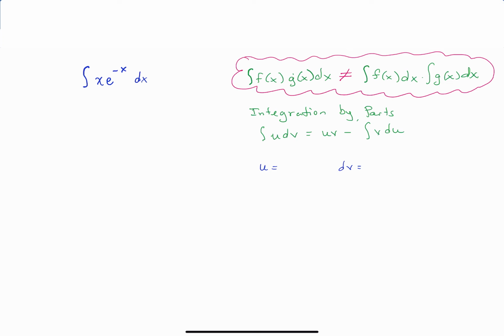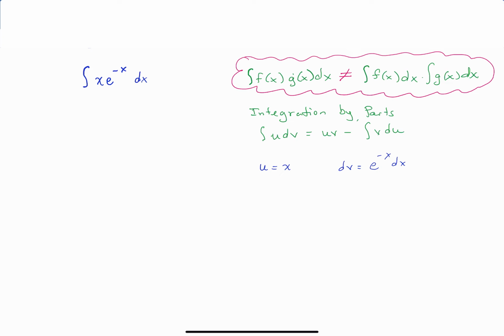So I'm probably not going to use x for my dv, because then v would be 1/2 x squared, which is more complicated. So I'm thinking that the x is going to be my u, and the dv then has to be everything else. So the dv has to be e to the minus x dx.